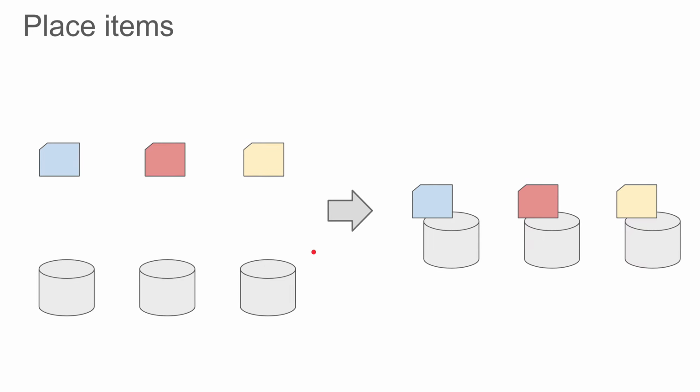So imagine that there is a problem. You have to place items into containers. This is a problem very often met in practice, at least at Google. We place many different things into other things. For example, you could think of those items as being jobs that serve a file.